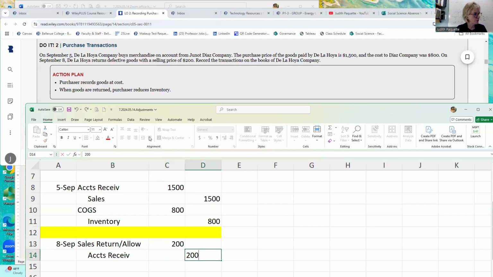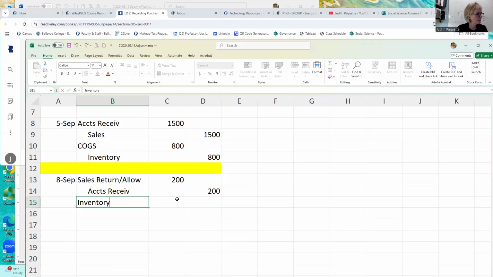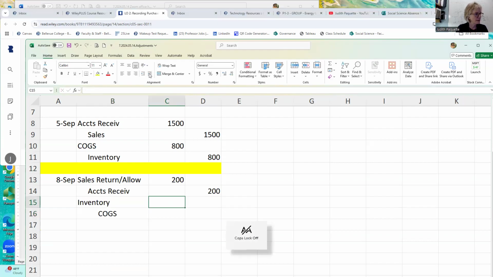I've got about 2 more minutes, so we're just finishing up perpetuals. And then it's going to be inventory. I said use 55%, so we'll make that a calculation: 55% times 200, and that'll be 110.